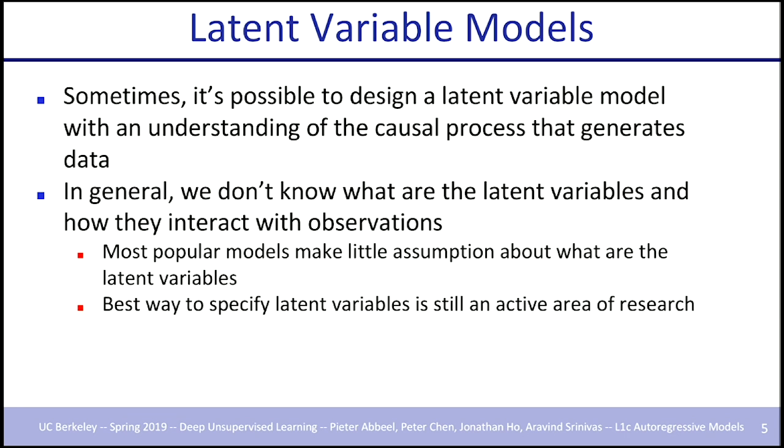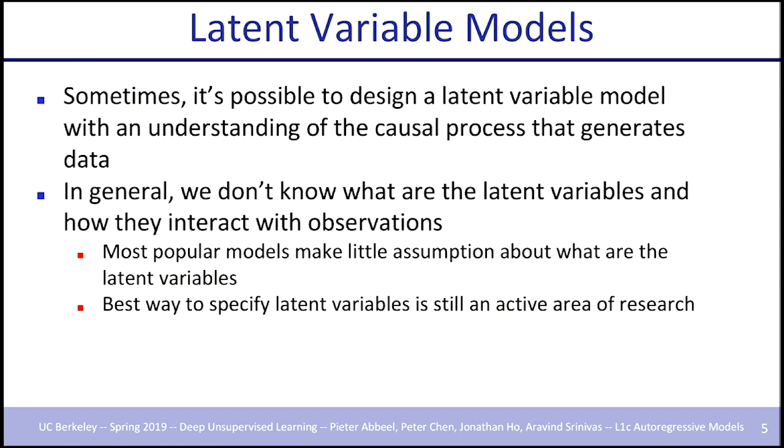But if you actually know something about the causal generation process, then you can specify the latent variable to be something that is physically meaningful. But those are scenarios that are relatively rare. And in most cases, when we try to model images, videos, audio, proteins, all these kinds of things, we actually don't know their underlying generation structure.